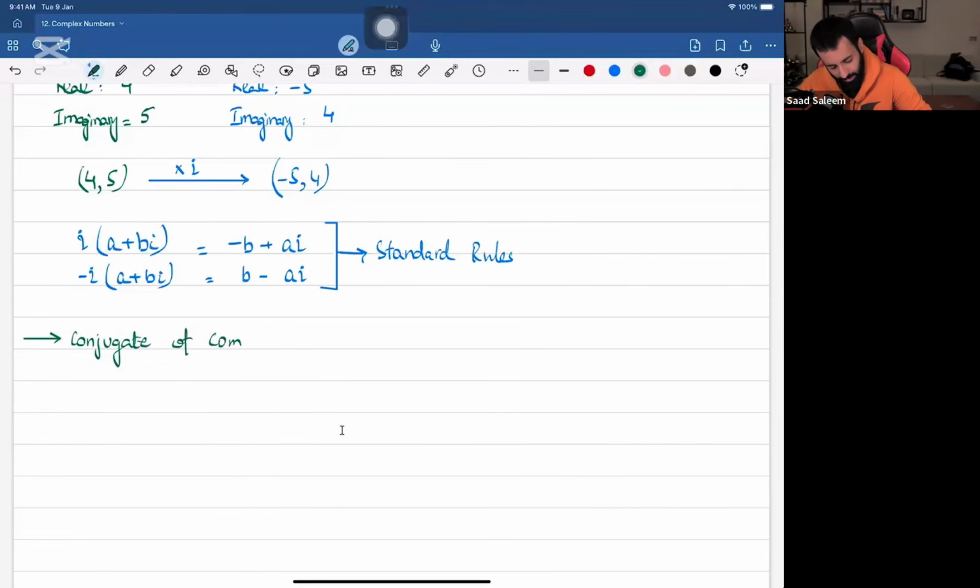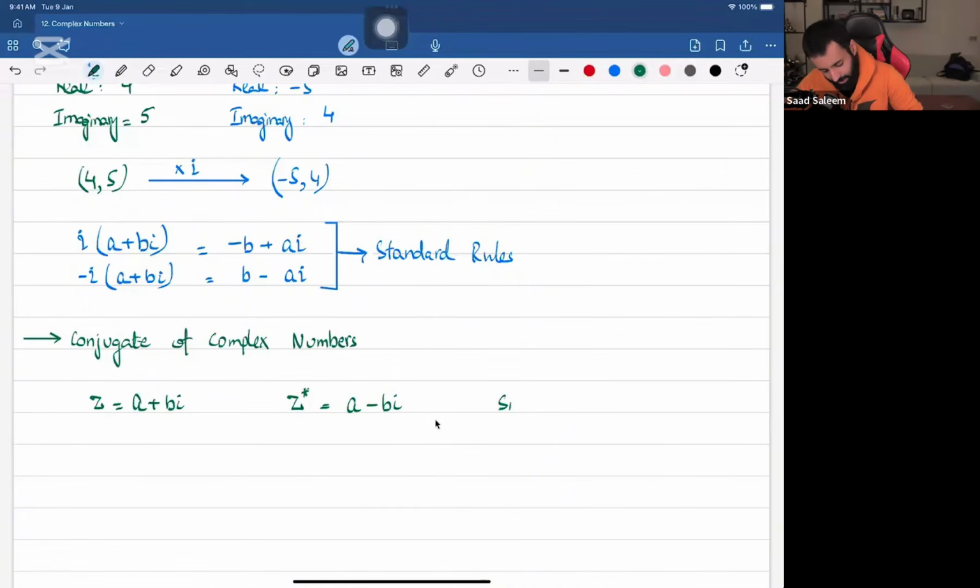Now, once again, a similarity to surds. If you remember the concept of rationalization, we multiplied with its conjugate. So if let's say z is equal to a plus b i, then the conjugate of z, we write a star to distinguish the conjugate, is going to be a minus b i.